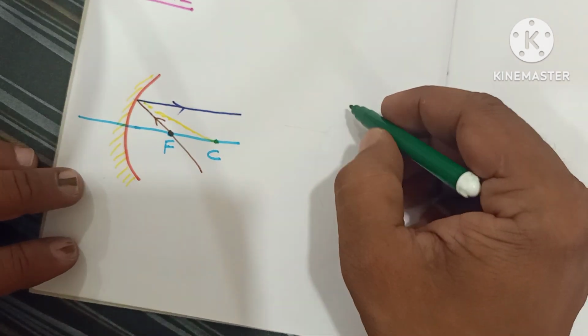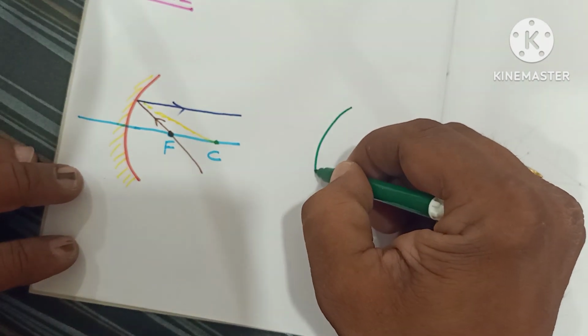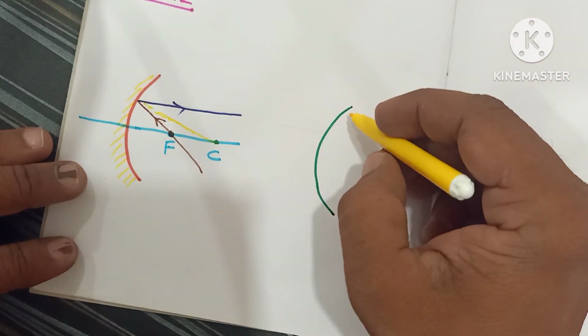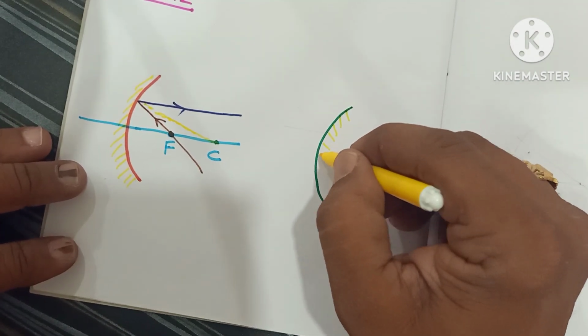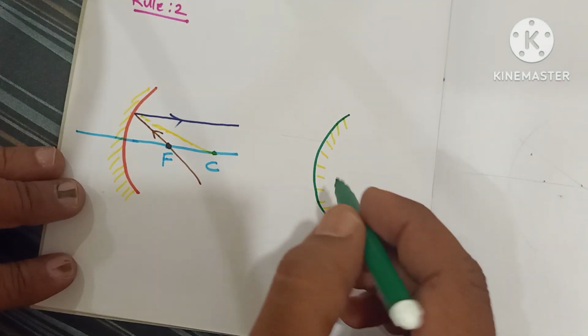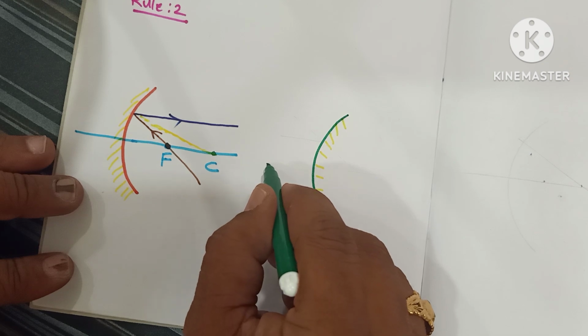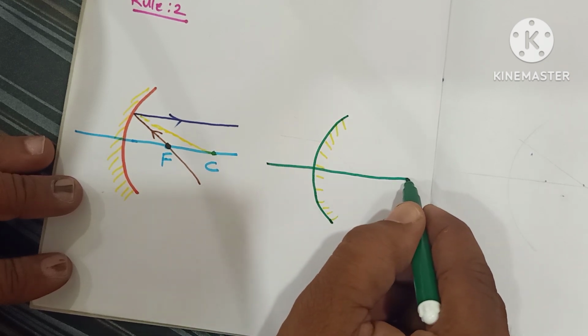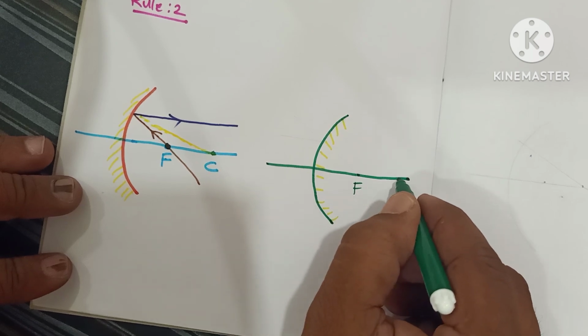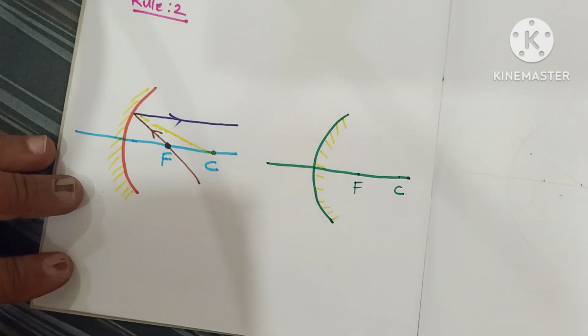Now if we take a convex mirror, this is the convex mirror where it is coated inside. Again this is the principal axis. This is focus, this is center of curvature.